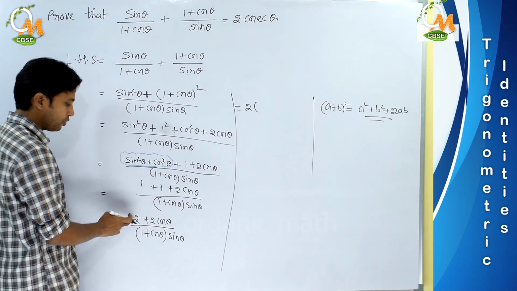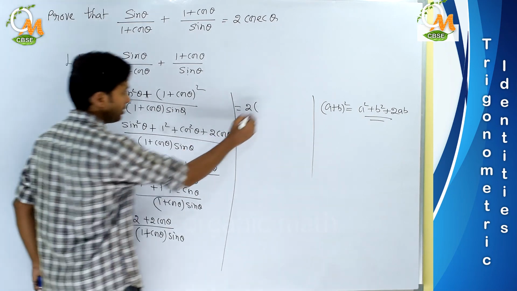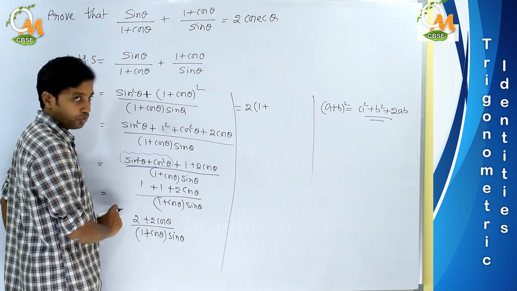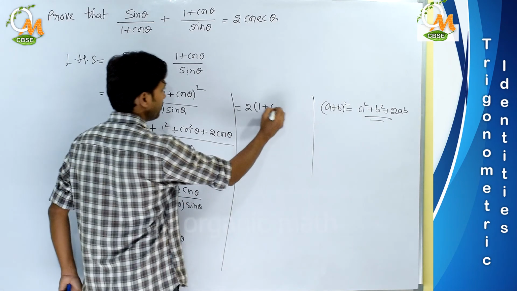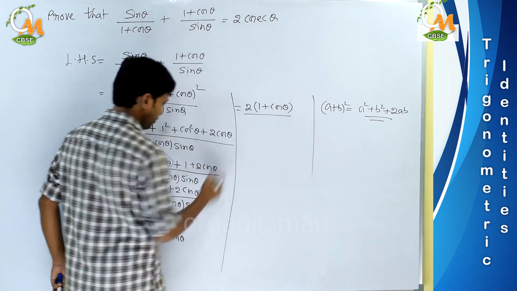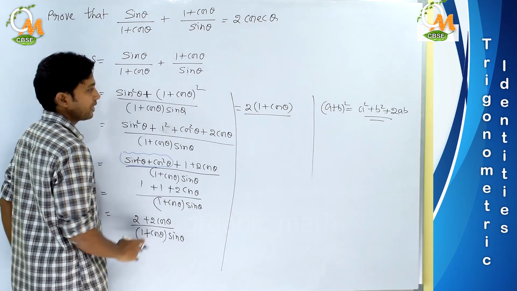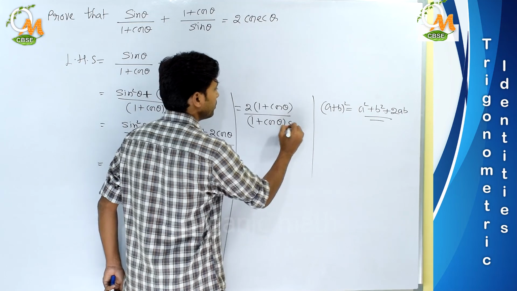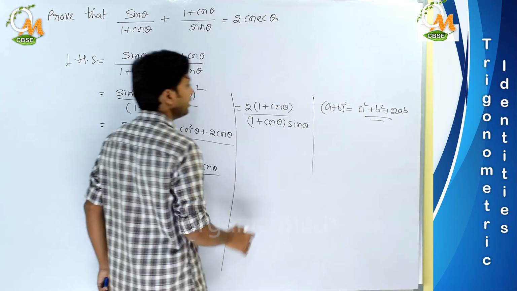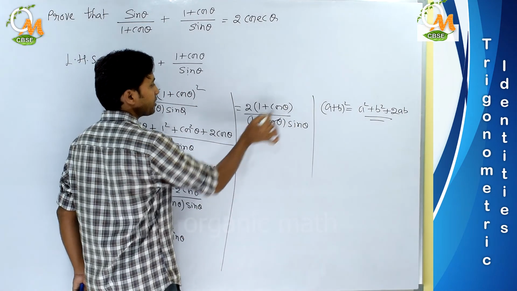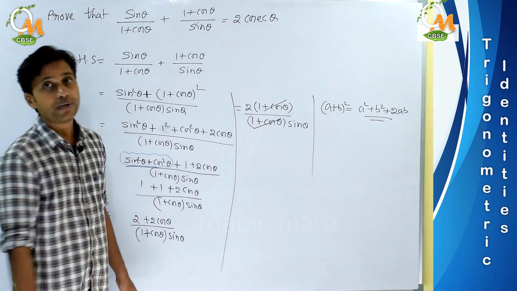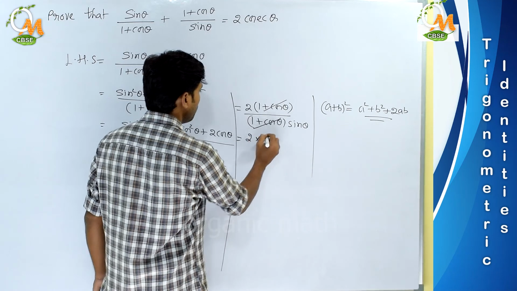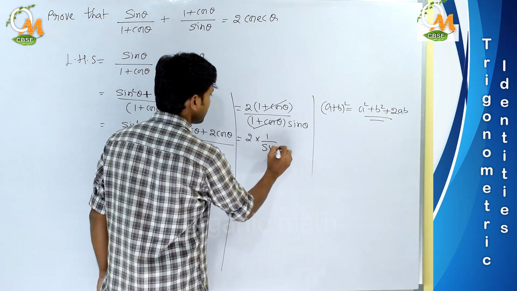When we take out 2, here 1 is left over, and from 2 cos theta, when we take out 2, cos theta will be left over, upon 1 plus cos theta into sin theta. I think here 1 plus cos theta can be cancelled in numerator and denominator. So what is left over here? 2 into 1 by sin theta was left.